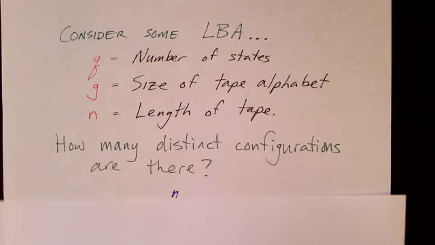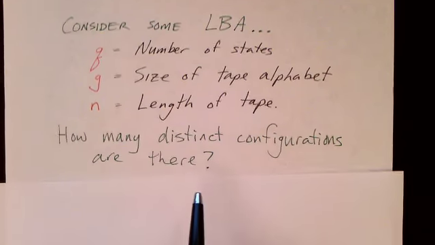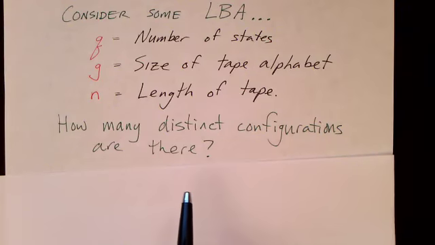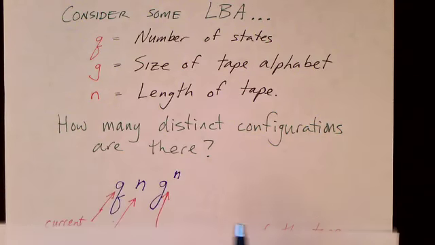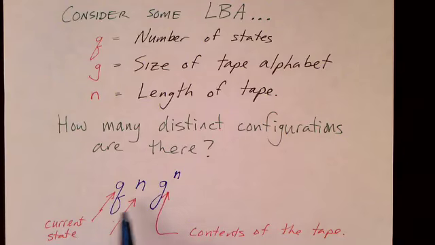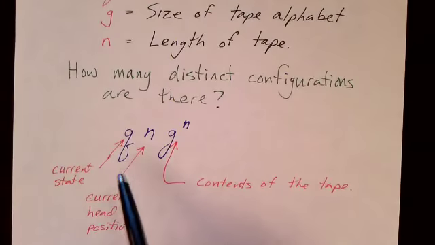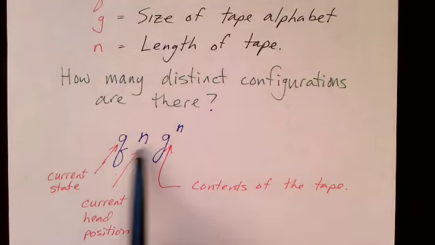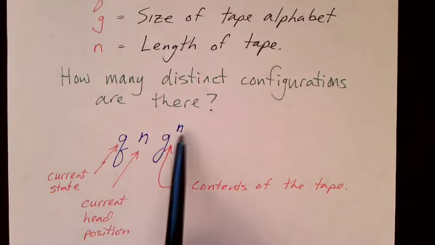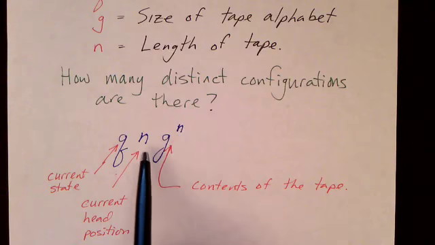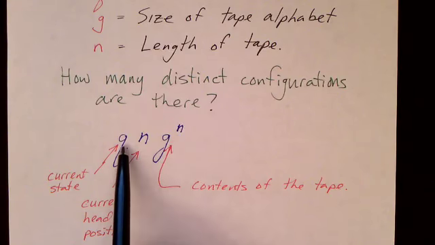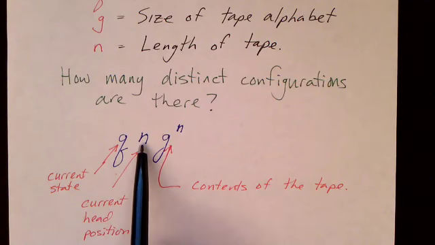So now we can ask, how many distinct configurations can we make with these numbers? And the answer is this right here: Q times N times G to the Nth. In other words, we have Q different states, and we have N possible places that the head can be positioned.